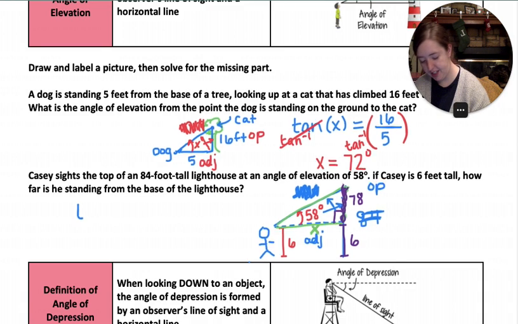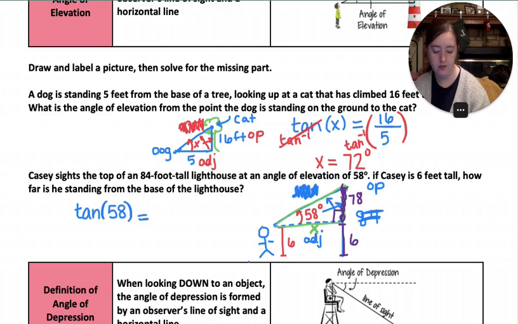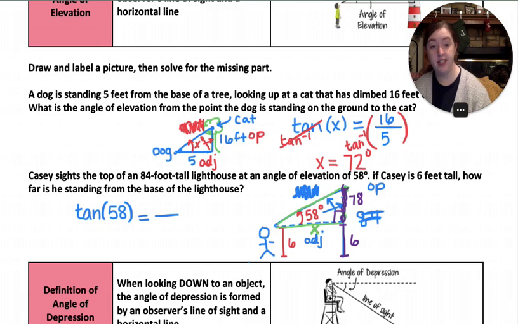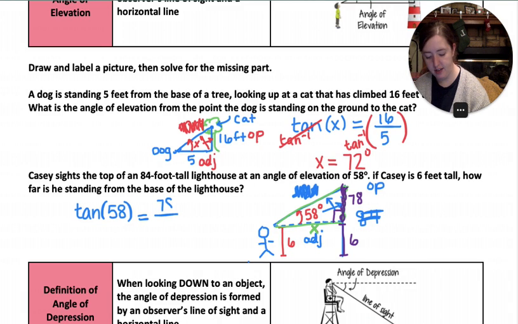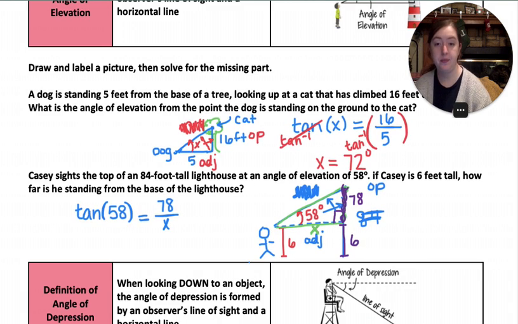So we've got tangent of our angle, 58, equals opposite over adjacent, so 78 over x.